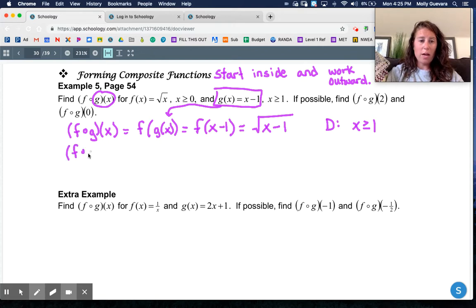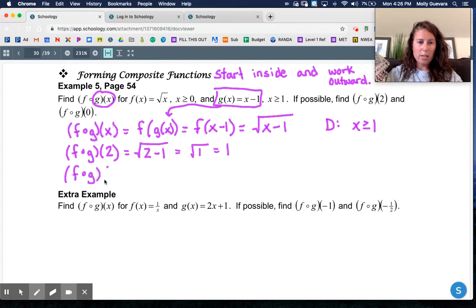Now, if I want f with g of 2, I already know what f with g is, so I can just plug in 2 minus 1, which is the square root of 1, which is 1. And then I want f with g of 0.